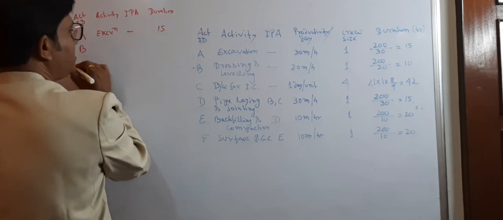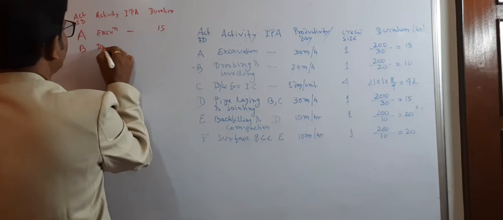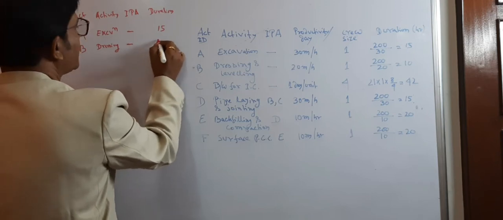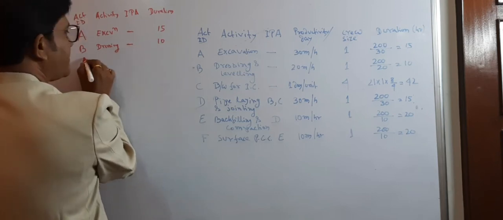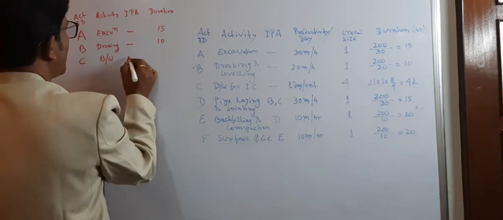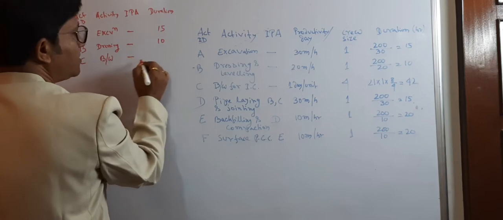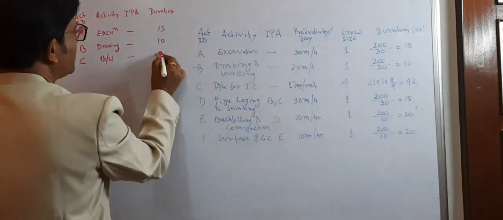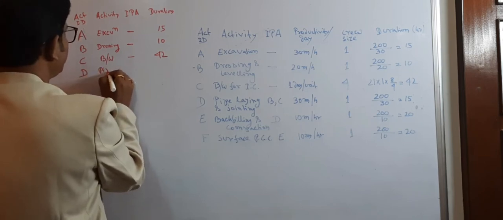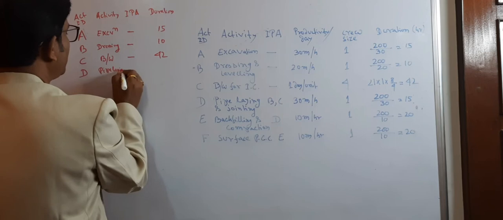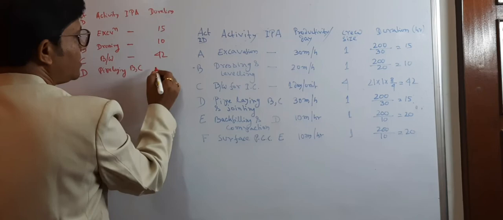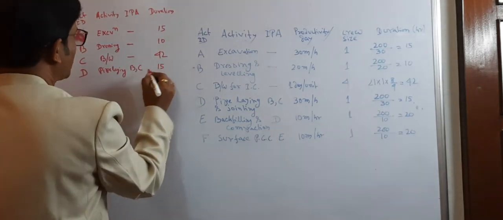Similarly, activity B is dressing, IPA is nil, duration is 10 hours. Activity C is brickwork for IC, the IPA is nil, and the duration is 42 hours. Activity D is pipe laying, IPA is B and C, and this is 15 hours.